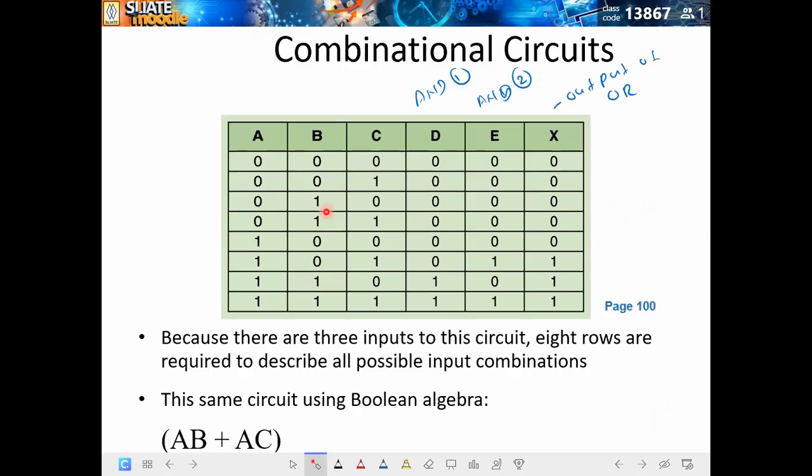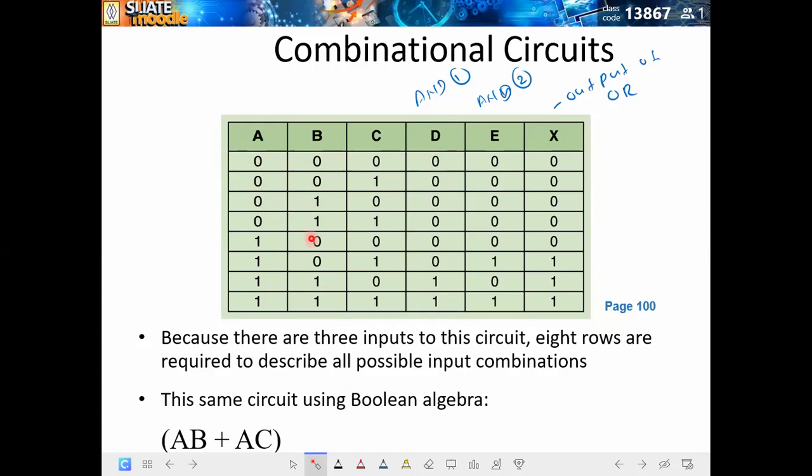Right. Then here I am going to fill the D column. D is the output of AND gate 1, so look carefully. When A and B are 0, definitely the output is 0. Right? Here A and B are 0, output is 0. Here A is 0, B is 1, but the output is 0 because it's an AND gate.